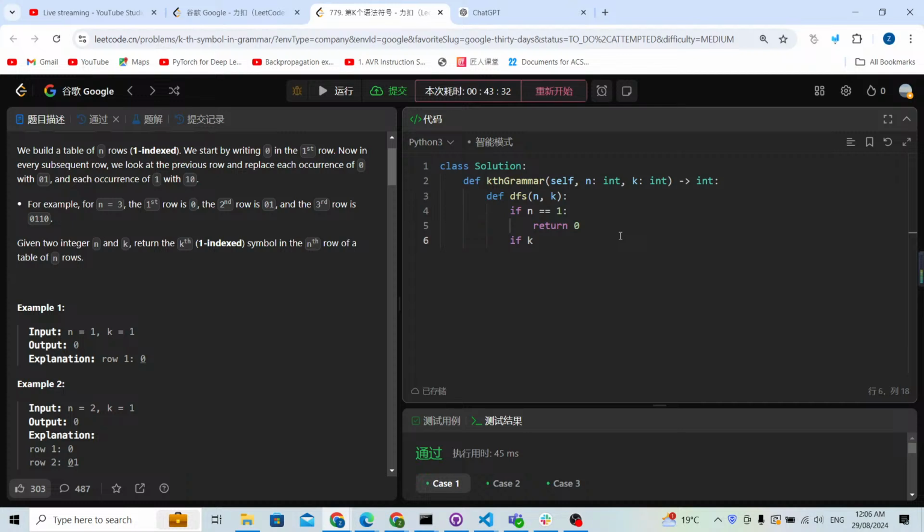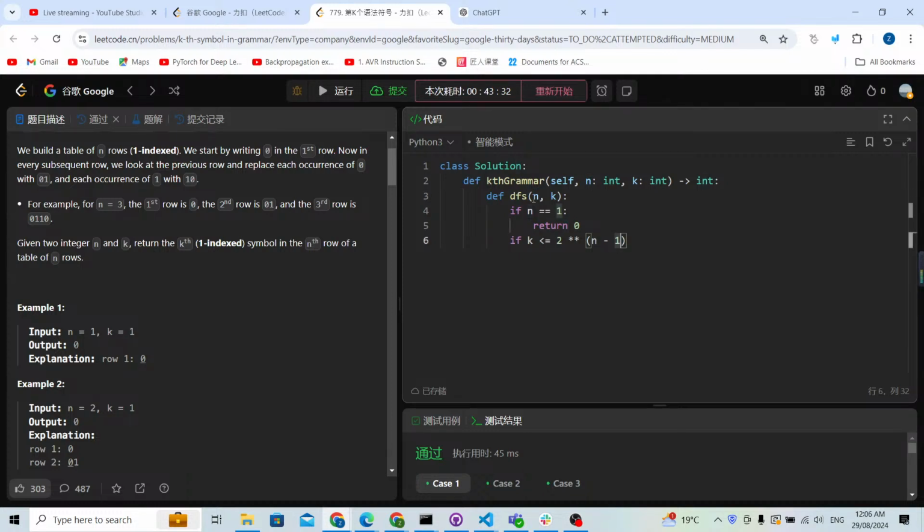If it is at the left side, basically this means k should be less than or equal to 2 to the power of n minus 1. So for example, if n equals 2, 2 to the power of n minus 1 gonna be equal to 2.